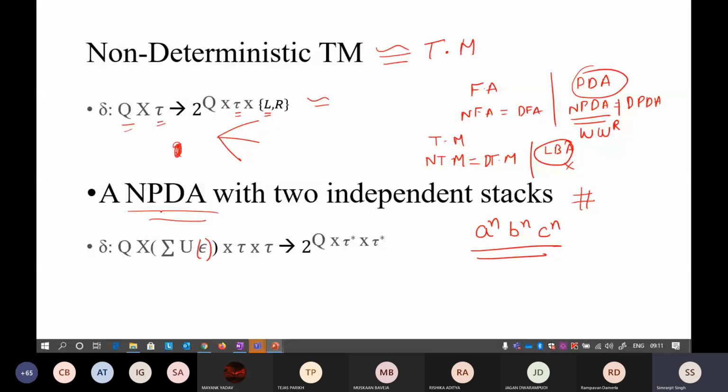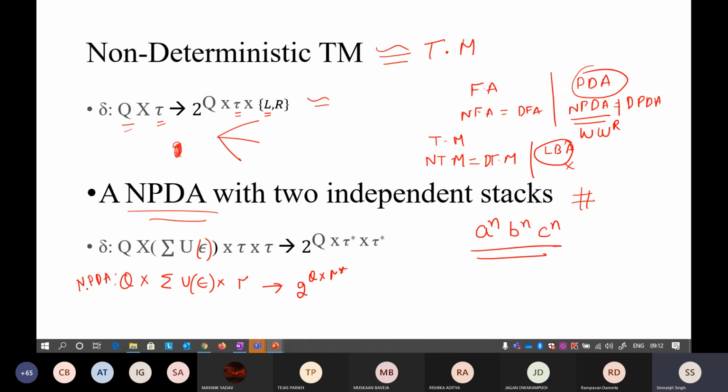If you refer to the lecture where I told you about pushdown automata, the transition symbol is similar here. The only thing that is changed: the standard NPDA transition took only a stack symbol, with Q cross gamma going to Q cross gamma star.